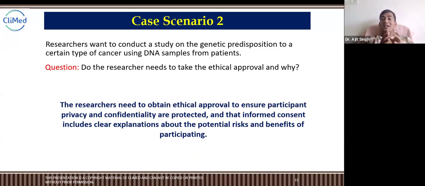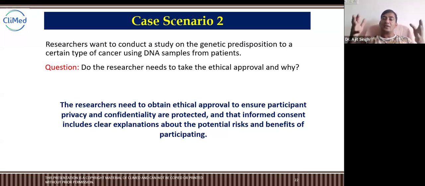See, DNA sample means whatever sample they are taking live from the patient. They are not taking it from some laboratory or from reserved DNA banks. Even then they would need the ethics committee approval, but I'm just telling you for a clearer idea.